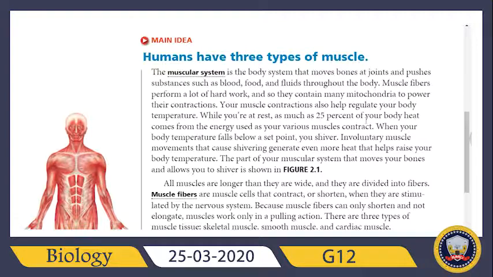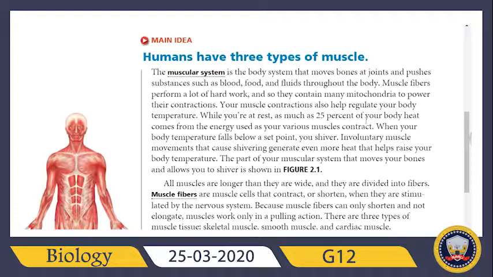And involuntary muscles are always in a constant state of contracting, so they need a lot of energy. That's why the muscular cells have a high number of mitochondria.